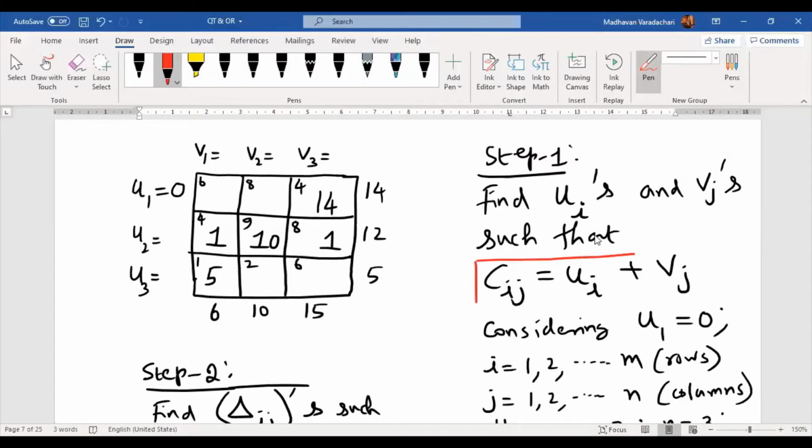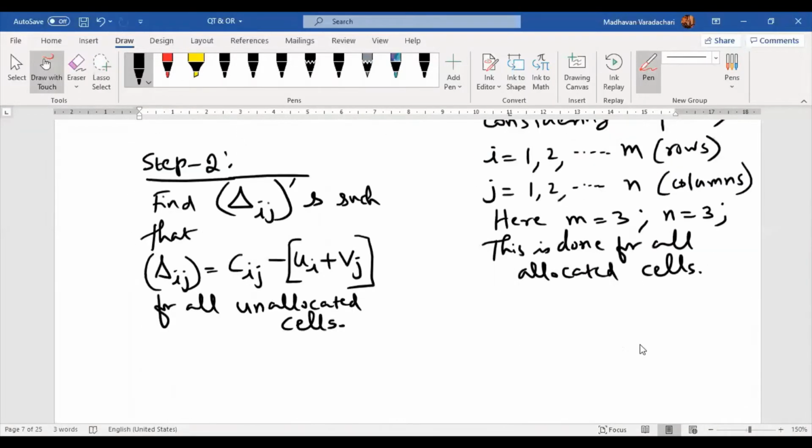So for all problems, we should consider u1 to be 0. Yes, u1 only to be 0 for all problems. Okay. Now we have to apply this formula, and one more important thing is you need to do this for all allocated cells. Don't consider any unallocated cells.